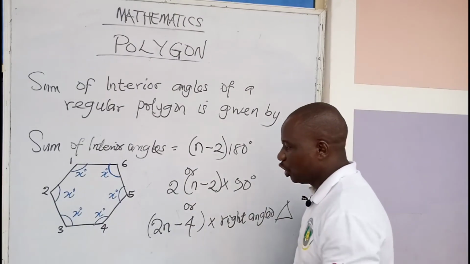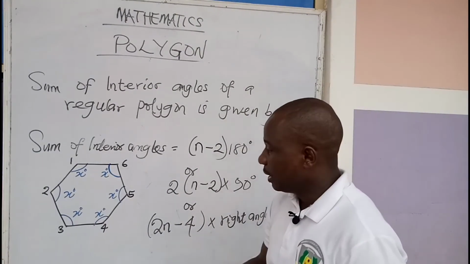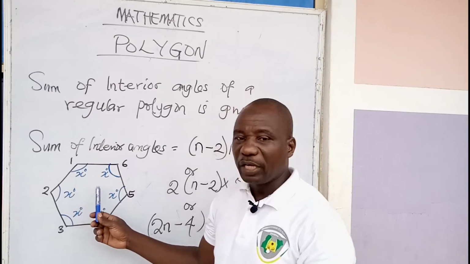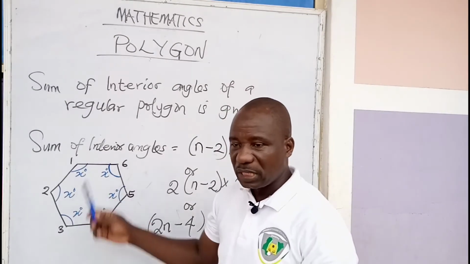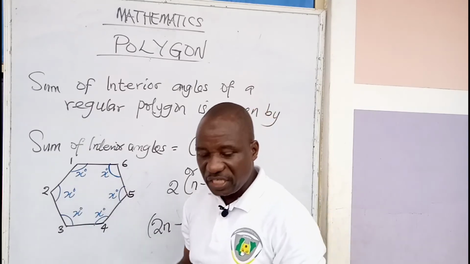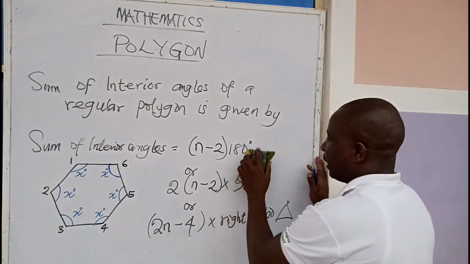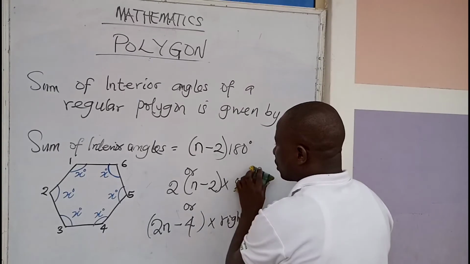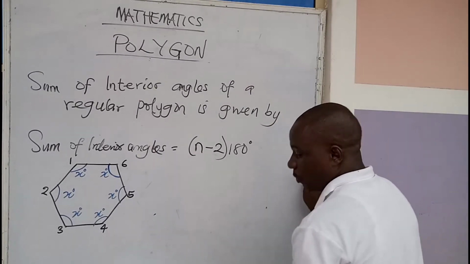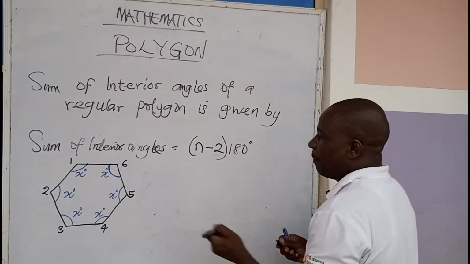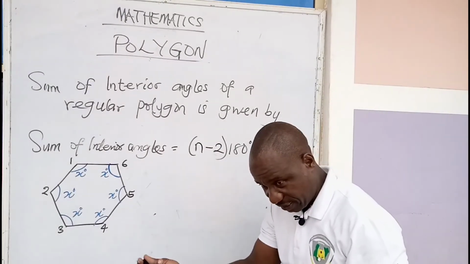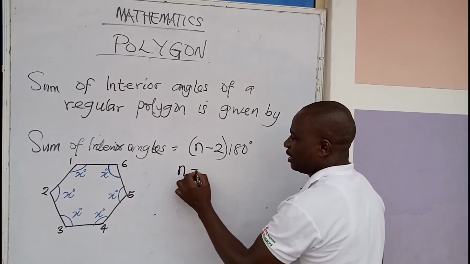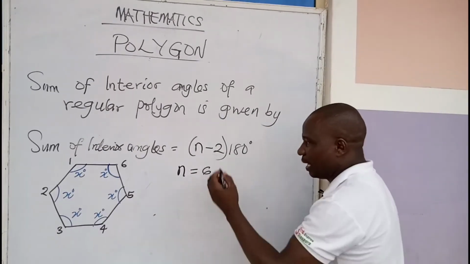For example, if I'm talking of a hexagon, we want to find the sum total of the interior angles of our hexagon. Now, let's use our formula. How many sides has this polygon? That is 6. Hexagon, 6. So it means our n is equal to 6. Now let's apply the formula.